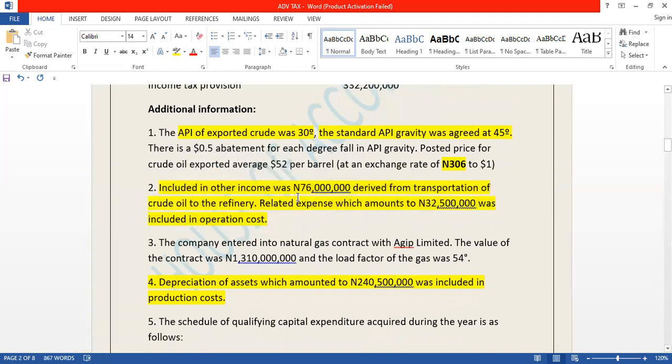Included in other income was 76,000. I think we have picked the wrong figure. Derived from transportation of crude oil to refinery. Related expenses, which amount to 32,500, was included in operation cost.